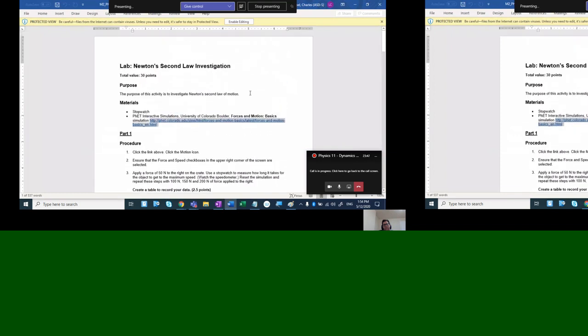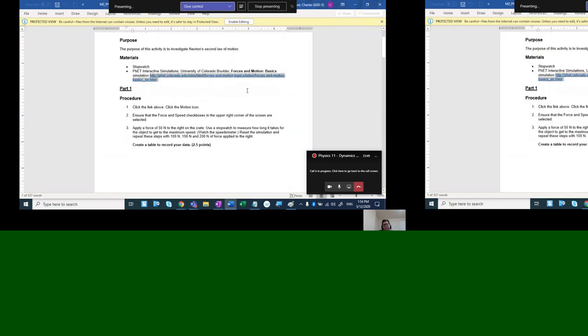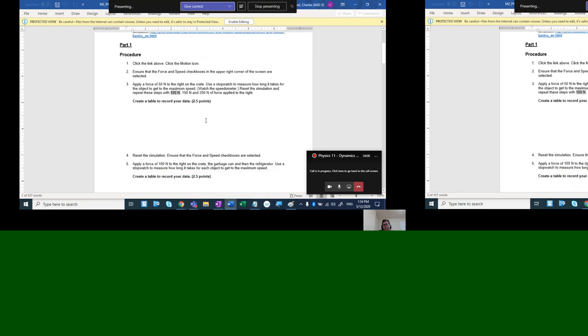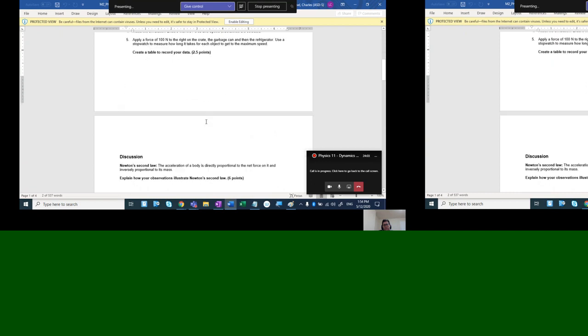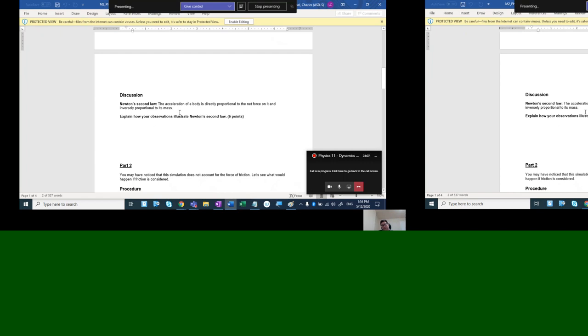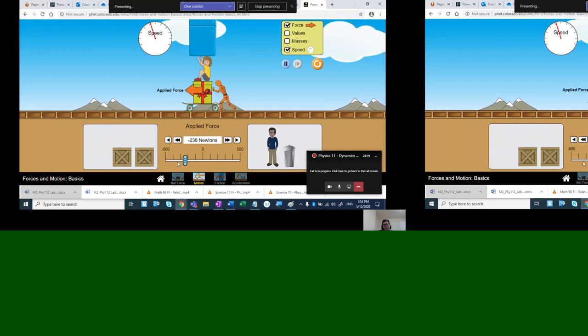What should we be doing here? F equals ma. They want us to use different forces and calculate, I suppose, that the acceleration is proportional to the force and inversely proportional to the mass.